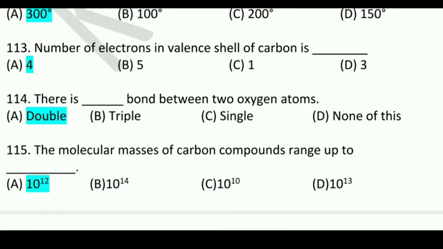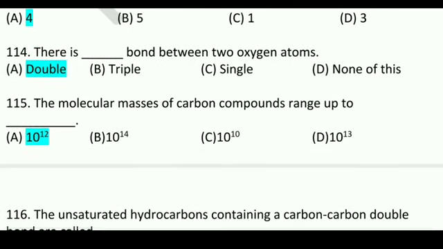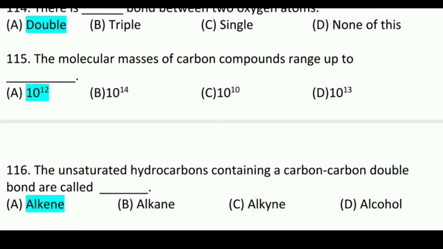Number of electrons in valence shell of carbon is 4. There is dash bond between two oxygen atoms. There is double bond. The molecular masses of carbon compounds range up to dash 10 raised to 12.